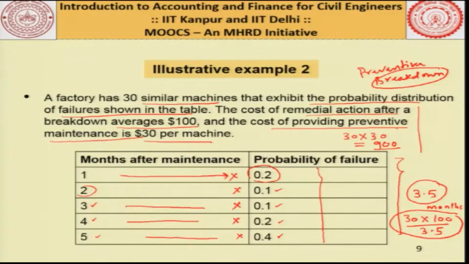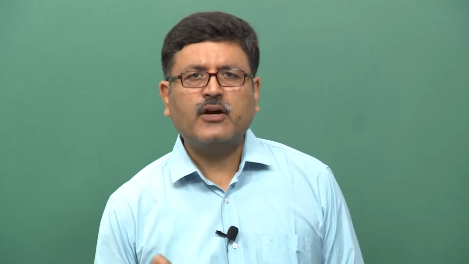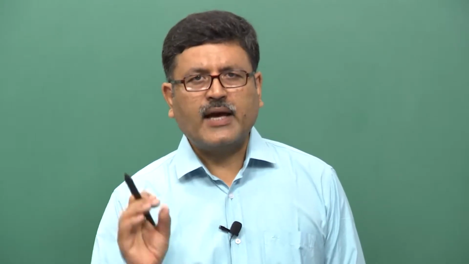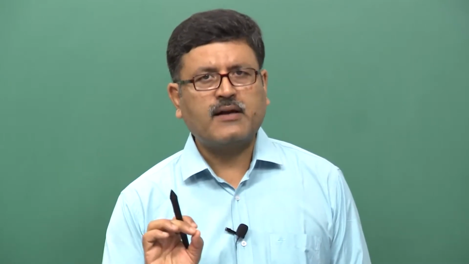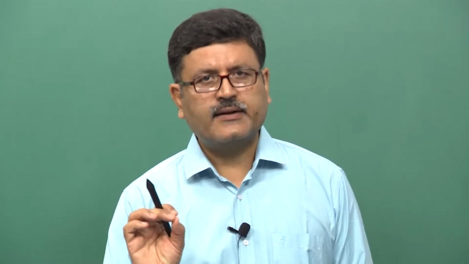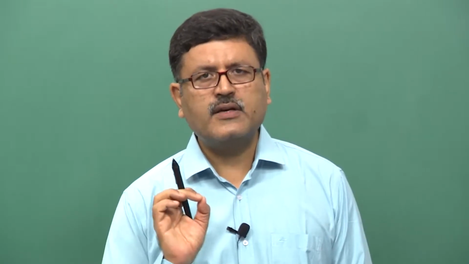Now even after this maintenance, what this table says is there is a 20% equipment which is going to fail. So that would require again breakdown maintenance. So 900 is your cost of going in for preventive maintenance. How? 30 machines at a rate of $30, so it is $900.